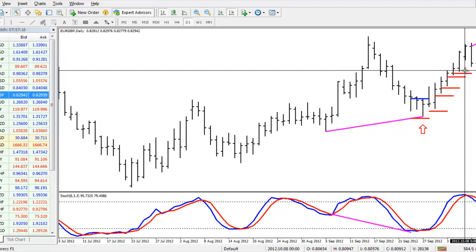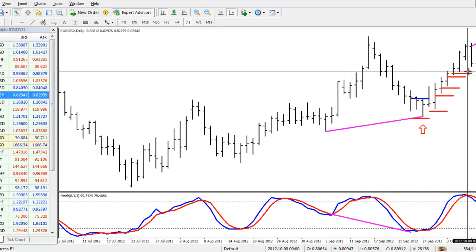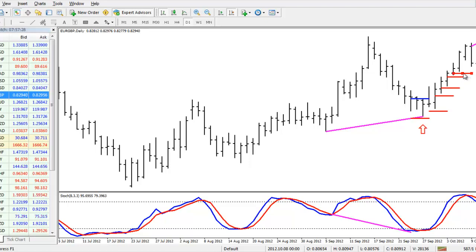If we look clearly, we can see that the lows of these bars are pretty much the same level. Our stop loss is 8 pips underneath the bar, so the stop loss is actually around here. Our stop loss is here.